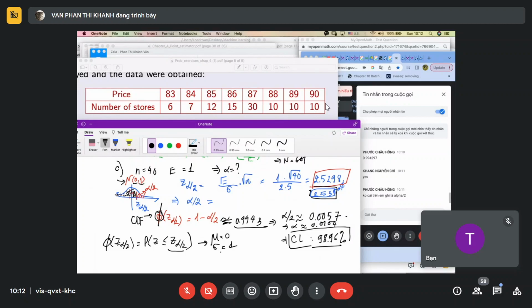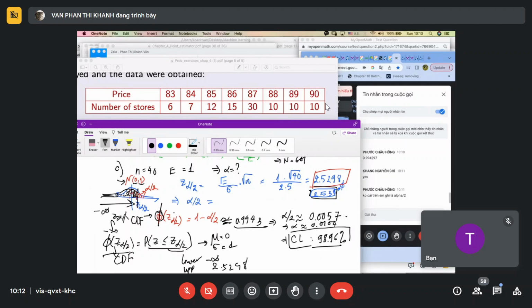The lower bound is minus infinity, and the upper bound is 2.5298, z alpha over 2. So you find the area from minus infinity to this point. This area is phi. It's the CDF, the cumulative distribution function. You find the integral from minus infinity to this point z alpha over 2.